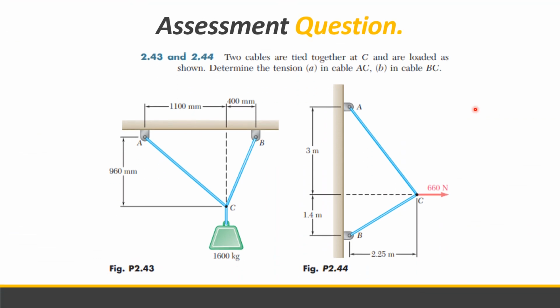Okay, so for your assessment question, there are two cables that are tied together at C and are loaded as shown. So meron tayong dalawang situation. Situation A, two cables attached at C carrying 160 kilograms at C. And also dito na part, cables AC and BC are attached at C with a force away from C, which is 660 Newton.